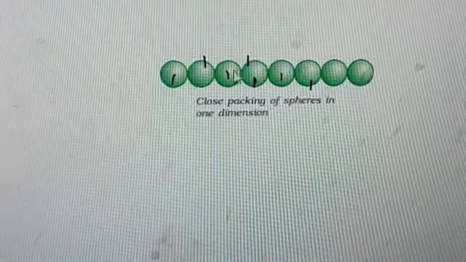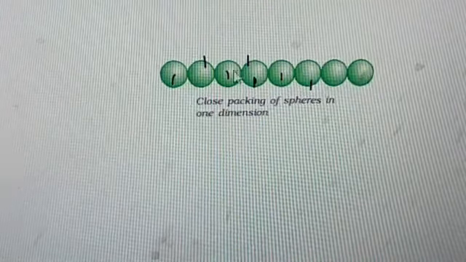How is it? This is layer A. Next, layer B, how is it present? It is not present at the exact position. See, if we look at the first one, these are present at the exact position. Ball to ball, meaning atom to atom, either horizontally or vertically, are present.